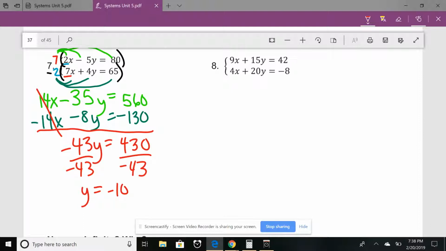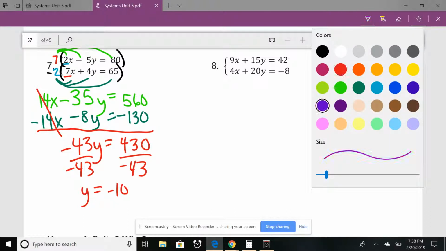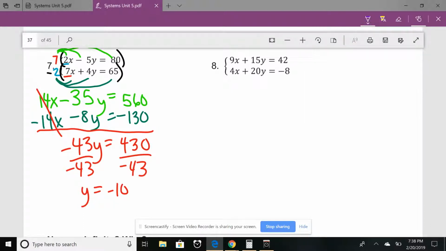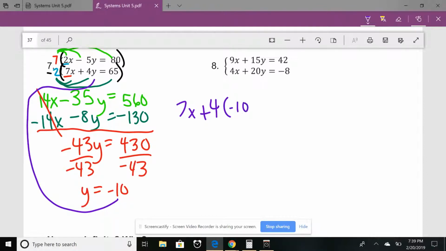All right, we're not done. We got to plug it back in to solve for x. I'm going to do the bottom one since that doesn't have any negatives. So we have 7x plus 4 times negative 10 equals 65. And 7x minus 40 equals 65.